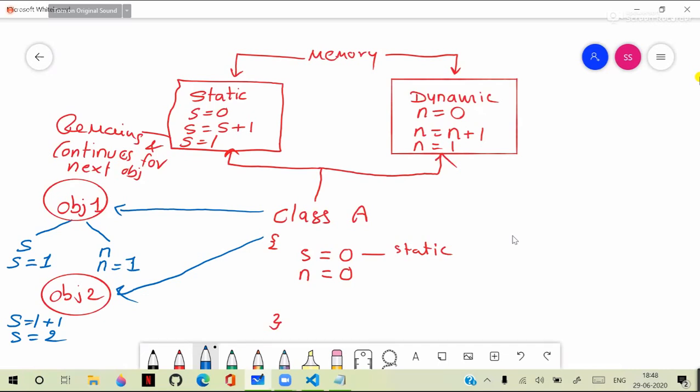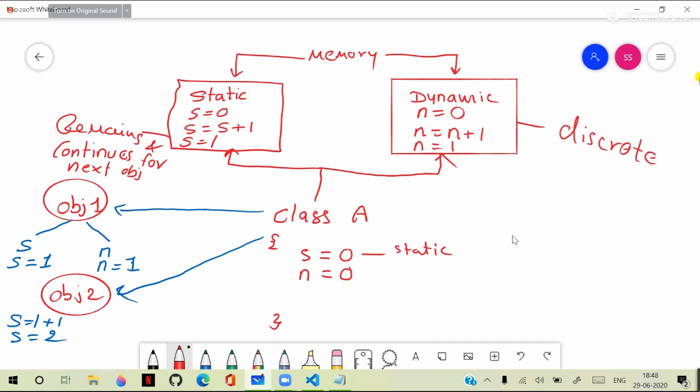But the dynamic memory, after the object finished using the N value, is not continuous memory. This memory is called discrete memory.